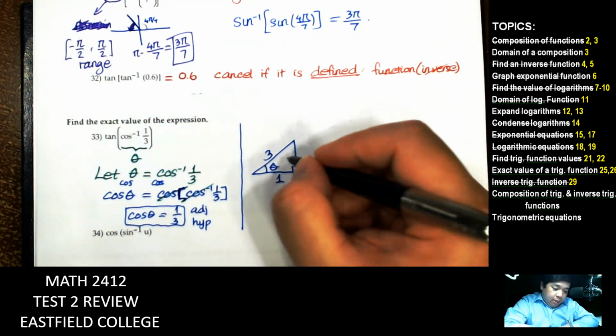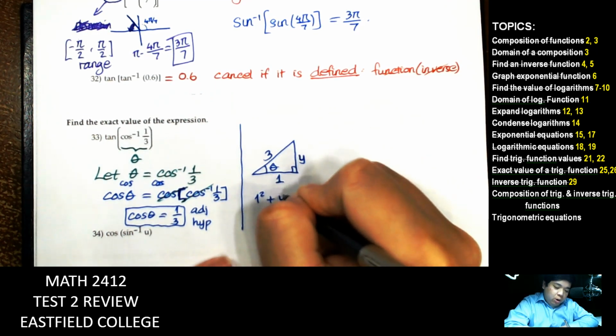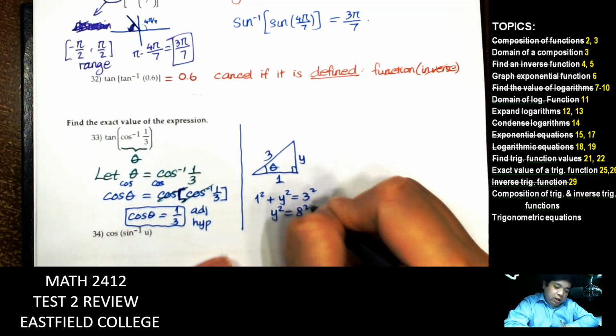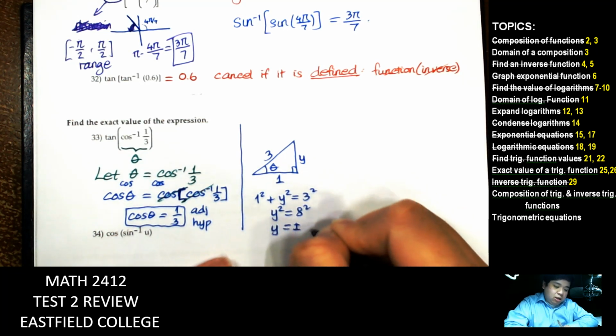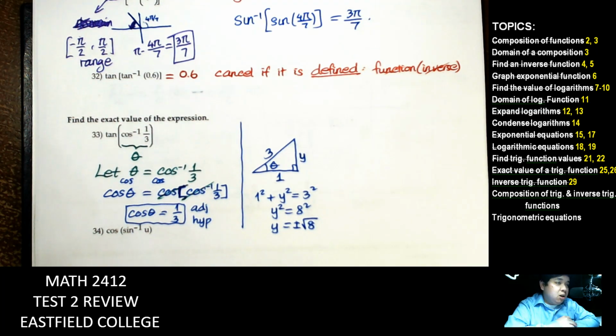So this is going to be y, so 1 squared plus y squared is 3 squared, so y squared is equal to 8, or y equals plus or minus square root of 8. Remember, there's a plus or minus, and that to be determined or not, it doesn't matter. We will see why in a minute.